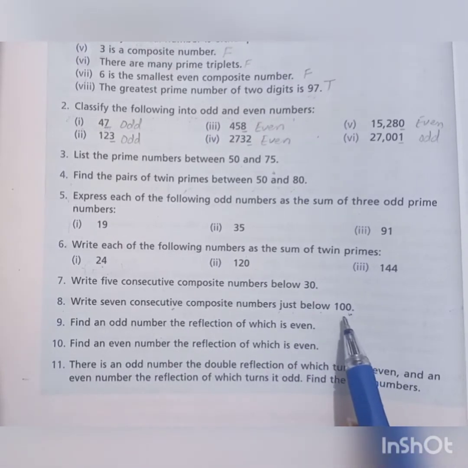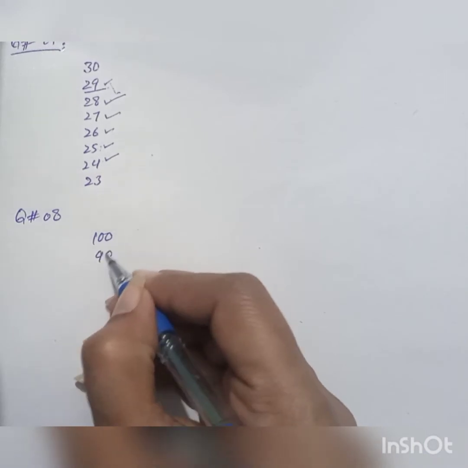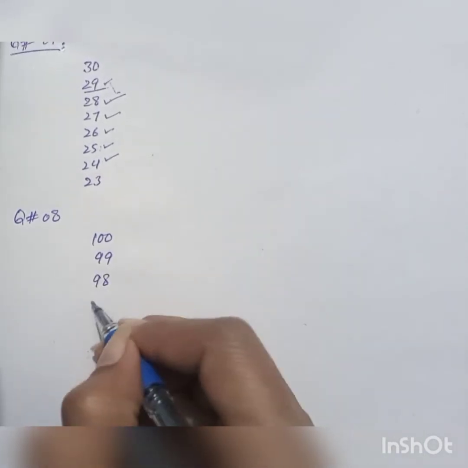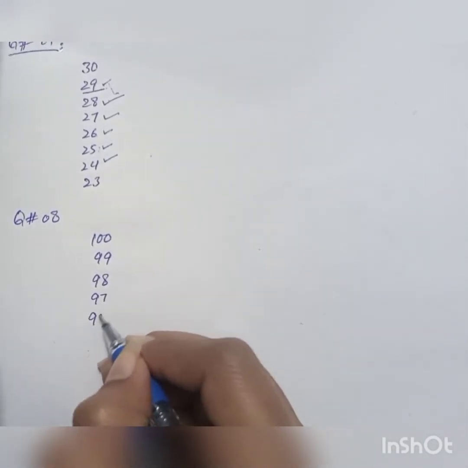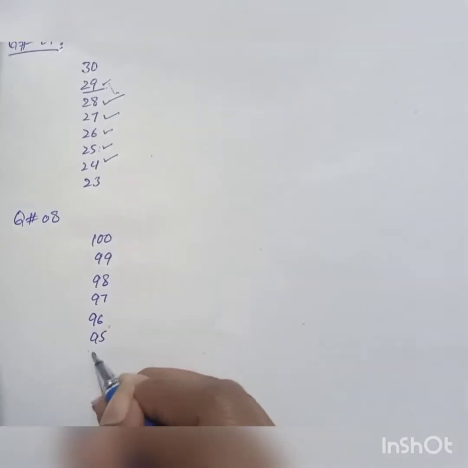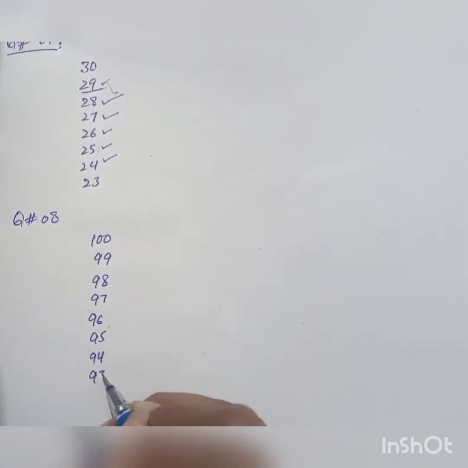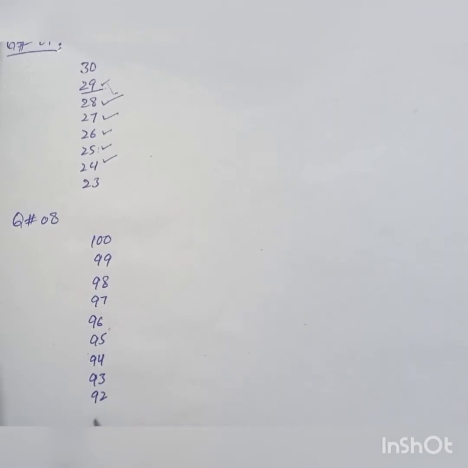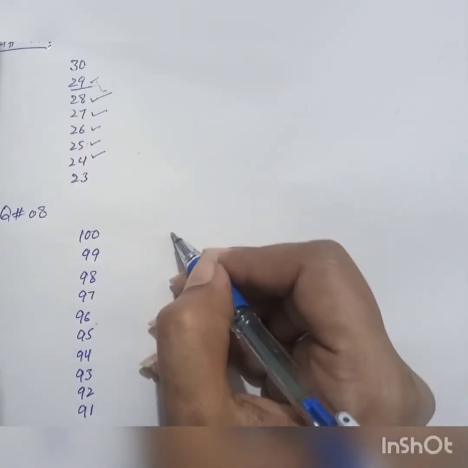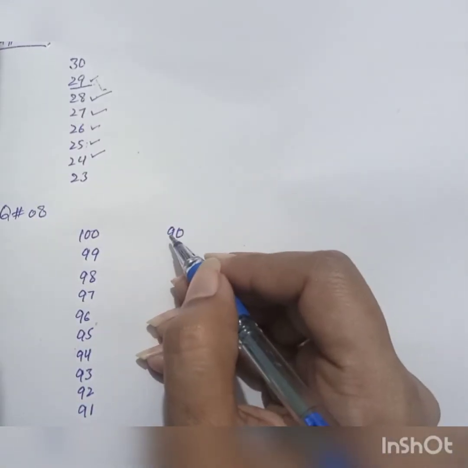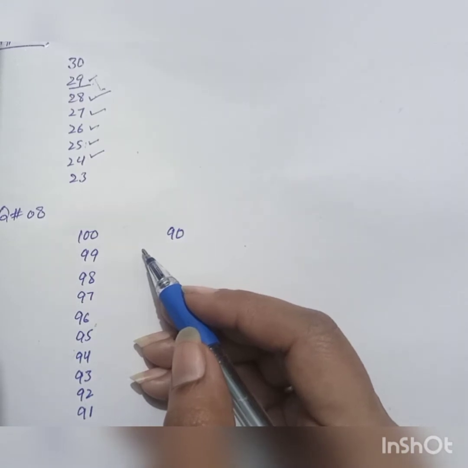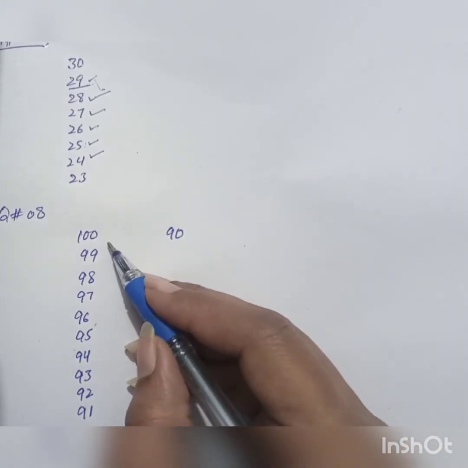As we know that the numbers below than 100 are 99, 98, 97, 96, 95, 94, 93, 92, 91 and I am writing here 90. Students, we have to write 7 consecutive composite numbers below than 100.